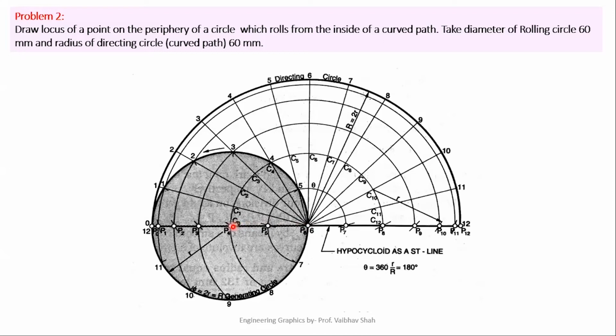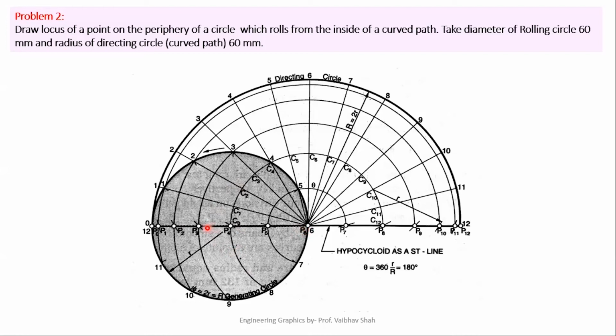After getting this center C0 of your generating circle or rolling circle, take this as a center and 30 mm as a radius, and draw one circle, which is nothing but your generating circle or rolling circle. It must pass through this point 0 here and the center point of your directing circle here. So this will be your generating circle. After that, we'll divide this generating circle into 12 equal parts.